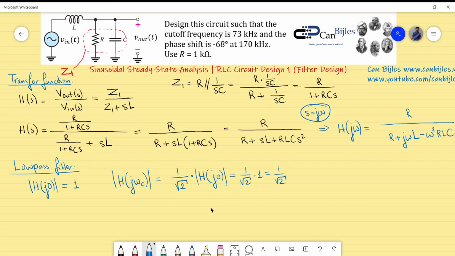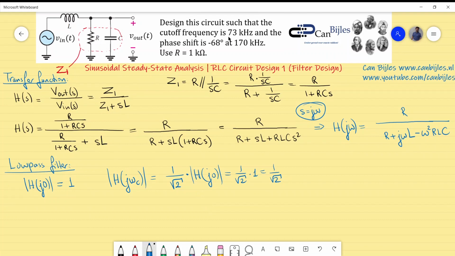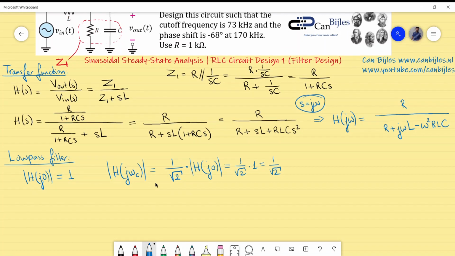So at this frequency, let me write it down, omega cutoff is 2 pi f cutoff, and f cutoff will be here 73 kilohertz, which will be 146 times 10 to the power 3 pi radians per second. So we will work with this number instead of 73,000 hertz.